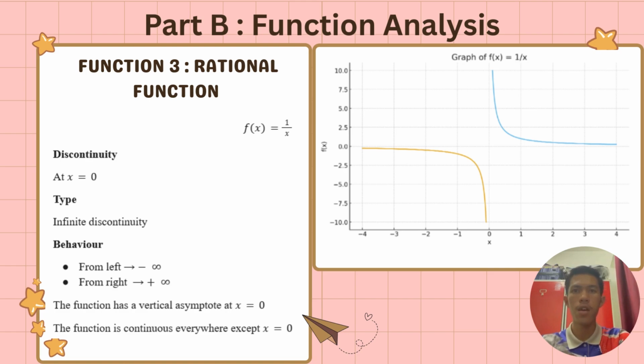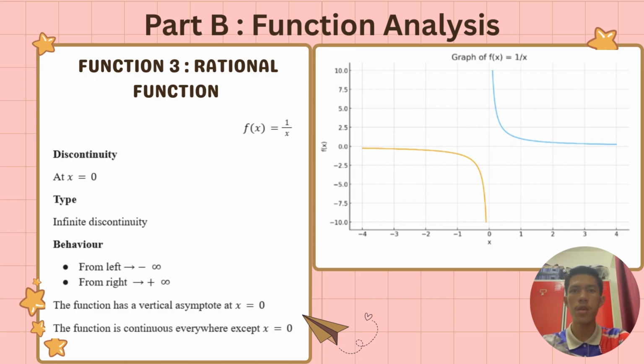From the left, as x approaches 0 from the left, you can see the orange curve drop sharply. The function value approaches negative infinity. From the right, conversely, as x approaches 0 from the right, the blue curve rises sharply. The function value approaches positive infinity.